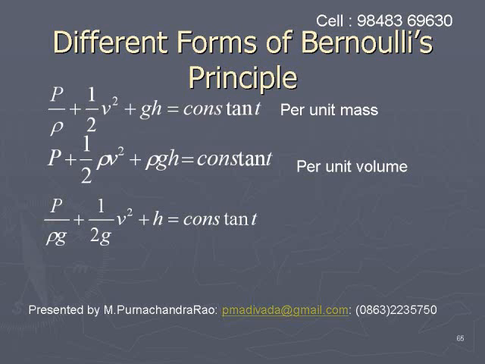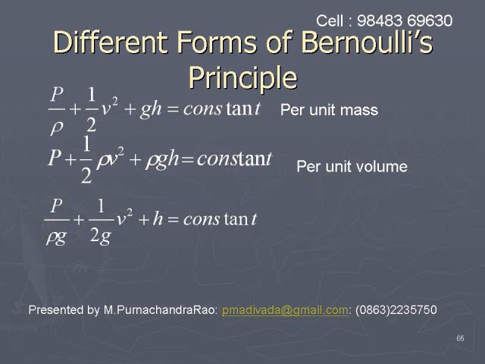Another relation for Bernoulli's principle is P by rho g plus 1 by 2 rho into V square plus h is equal to constant.